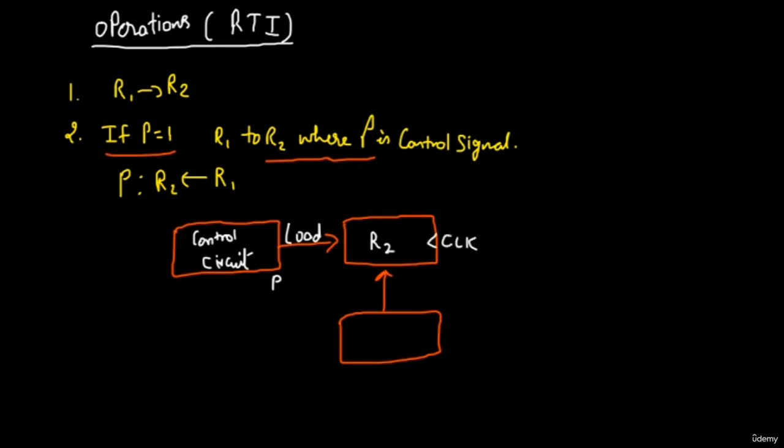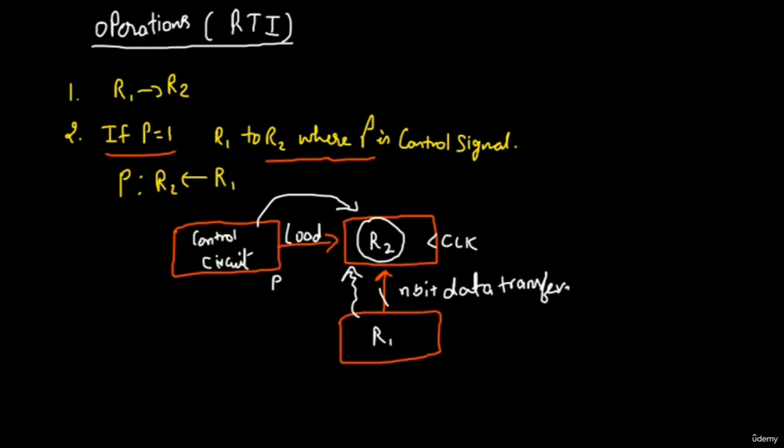Now n-bit data gets transferred. You can take any number of bits; I am taking n bits. So R1. That's what actually happens throughout that point. The control signal loads it, takes the data from R1, and now the data is in R2, the second register, for the simplest of terms.